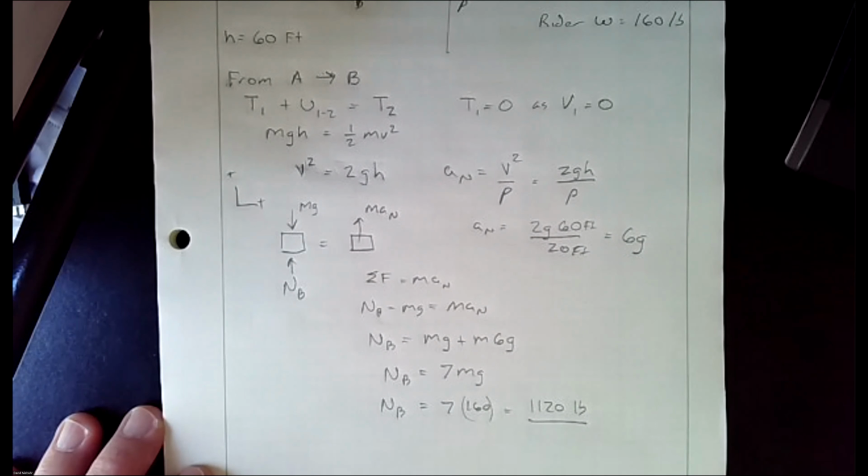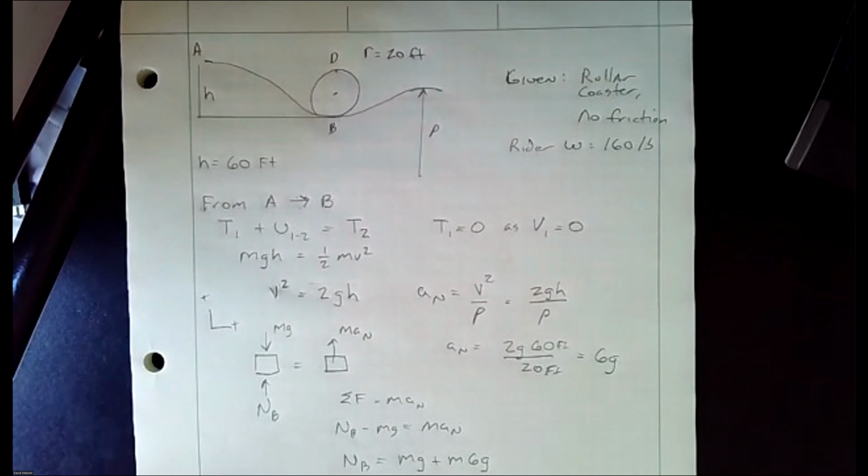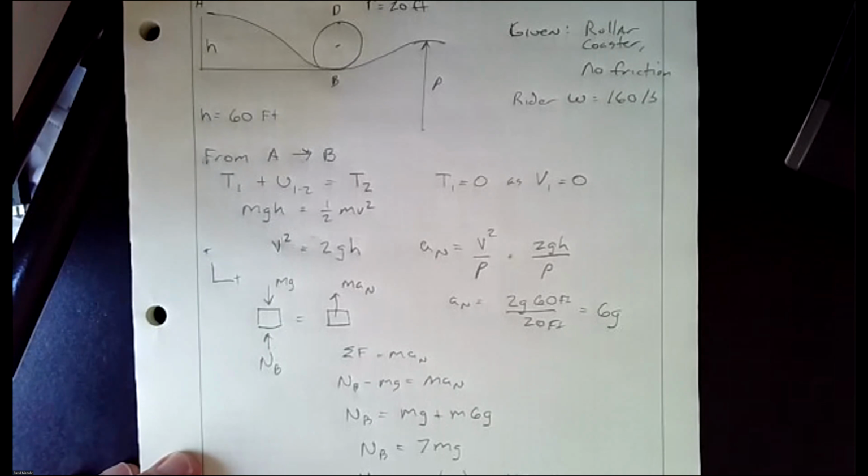So not too bad. Now we have to do it for the top at point D, which is up here. And that's going to be very similar. The only difference is now gravity isn't going to be helping us. It's not going to be adding to it, it's going to be subtracting from it. So we can almost anticipate what that's going to look like.